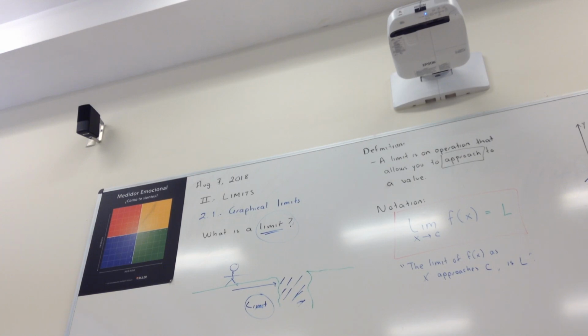This is going to be called f of x. Now, in this function, let's say that I'm going to take a value x here on the x-axis, any value. We're going to call that value c. Or A, or B, or C, whatever. It's just a number.